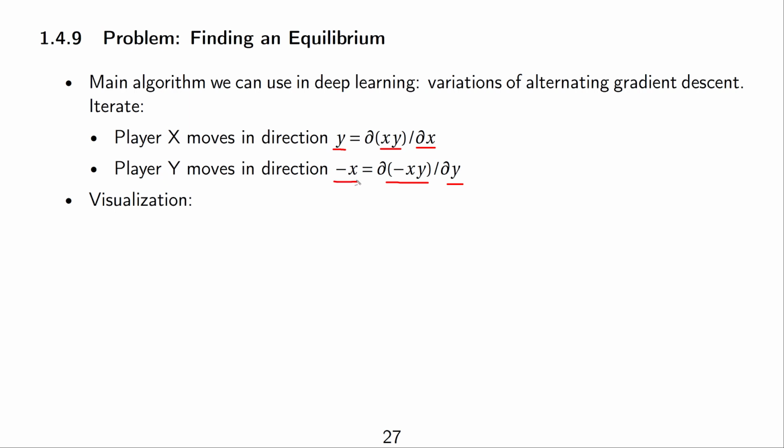Now again, this does not mean we always go negative, it just means that depending on what player x chooses, so for example, if x chose a positive value, so let's say x is 10, then y would like to go into the negative direction, make its own value smaller, and if x is negative, then the y player likes y to be bigger.